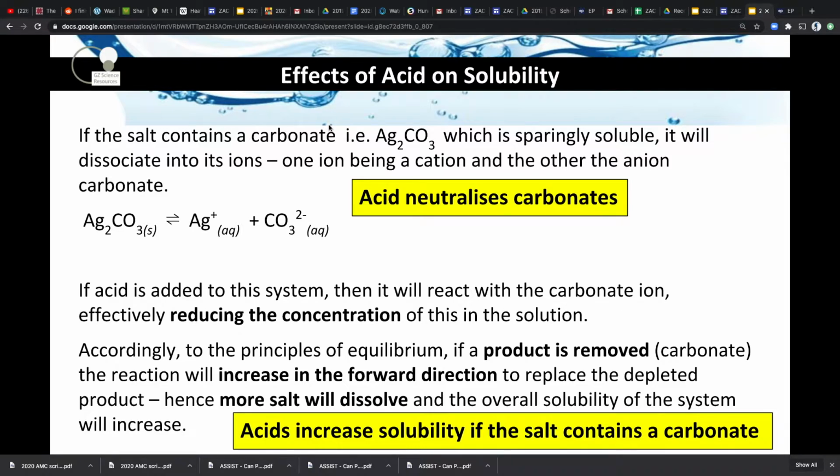And this would reduce the concentration of carbonates, and accordingly, the principles of equilibrium say that if a product is removed, and in this case carbonate is used up, the reaction will increase in the forward direction, favoring the formation of more products to replace the depleted carbonate. So acids increase solubility if the salt contains a carbonate. That is the main message there.